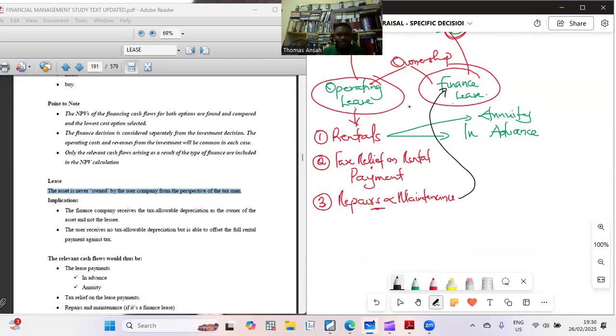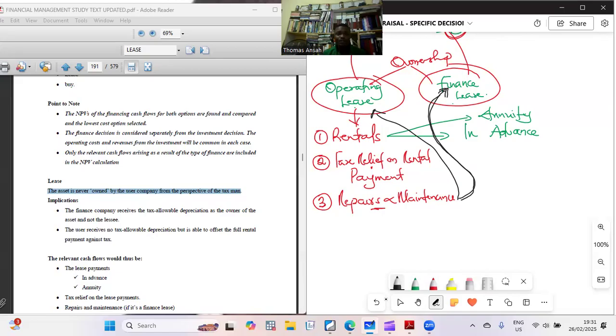But like I'm saying, over here, it is unlikely for you to get these ones. We will call it a lease. We will not break it down between finance lease or operating lease. But if it is finance lease, usually the asset is in your books. Likely for you to also get capital allowance because of corporate reporting. But here we are saying that we are looking at it from who? The taxman's perspective, legalistic perspective. The asset is not for you. All right. It is not for you. All right. So that will be it.